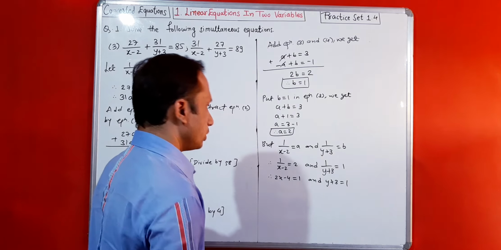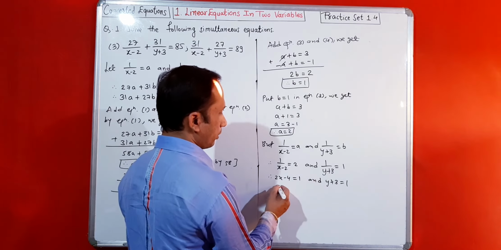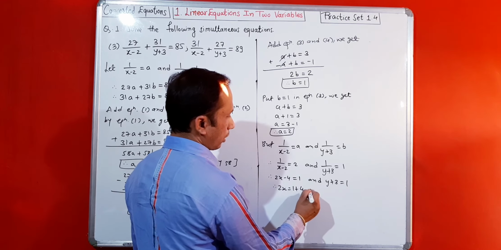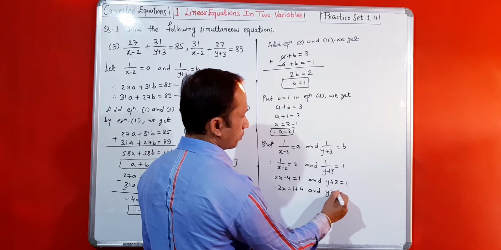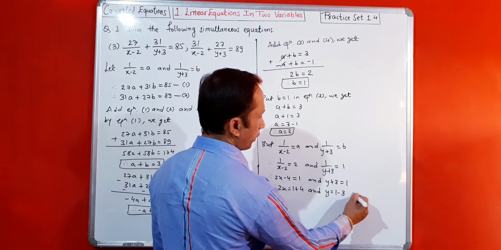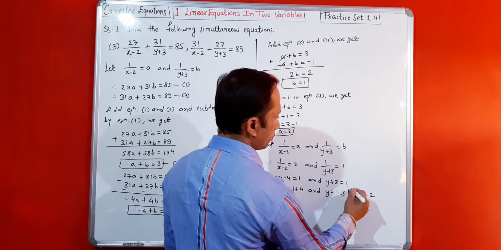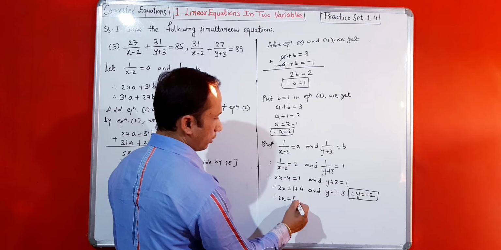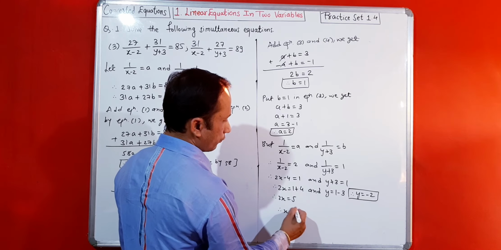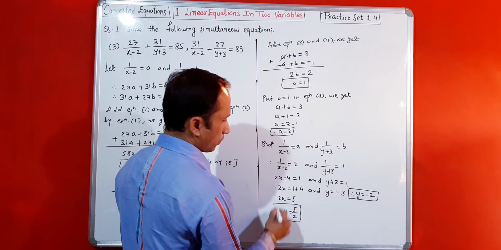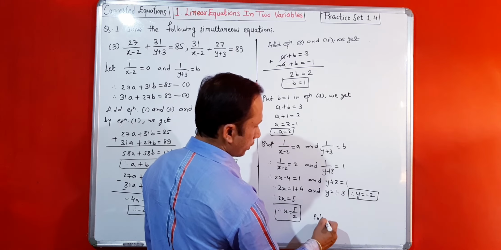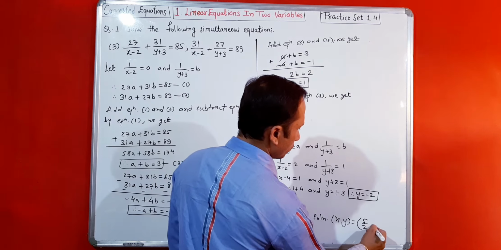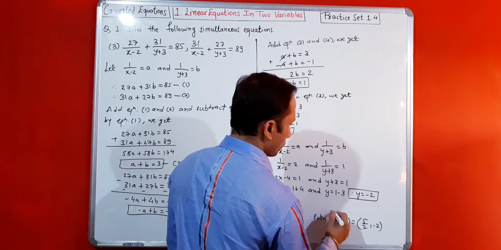This minus will be plus, so 2x is equal to 1 plus 4 and y is equal to 1 minus 3. Therefore y is equal to minus 2, and 2x is equal to 5, therefore x is equal to 5 divided by 2. So the solution is (x, y) is equal to (5 upon 2, minus 2). This is the final solution.